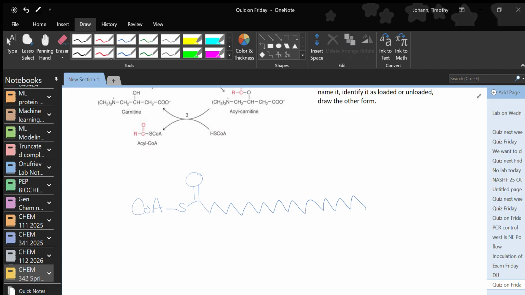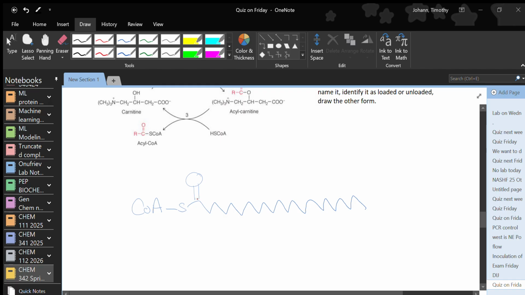We're going to take the simple case for now, but I've got 2 carbons here, right? So I can cut there and 2 carbons would come off. I can cut here, here, here, all the way down. This is a 2, 4, 6, 8, 10, 12, 14, 16, 18, 20, 22 carbon fatty acid.